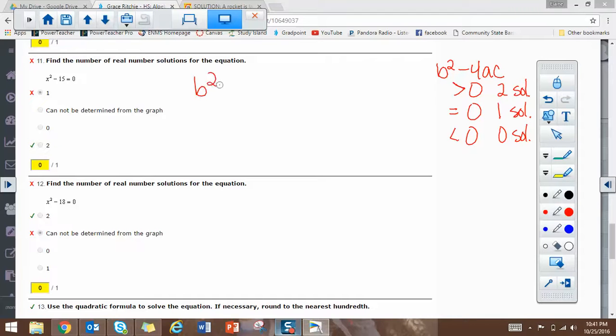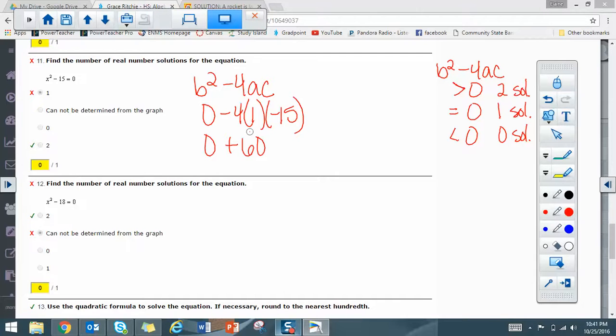So if we do b squared minus 4ac, b is 0, there's no x term, minus 4 times 1 times negative 15, so that's 0 plus 60, that's positive, so that's 2 solutions.